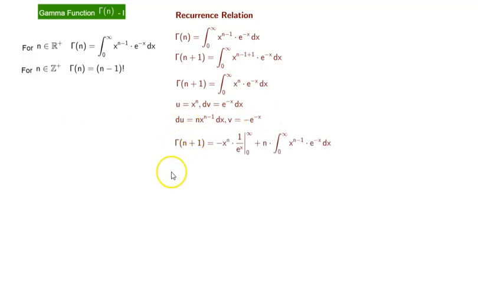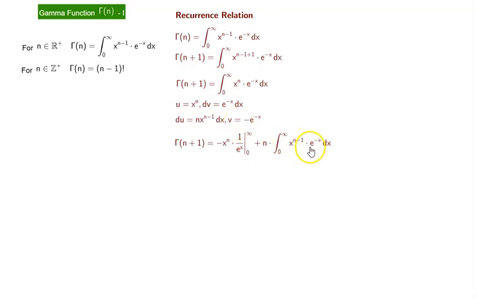So we have gamma of n plus 1 is equal to uv, u is x to the power of n, v is minus 1 by e to the power of x from 0 to infinity. Plus, actually, as part of the formula, we have minus integral from 0 to infinity of v du.